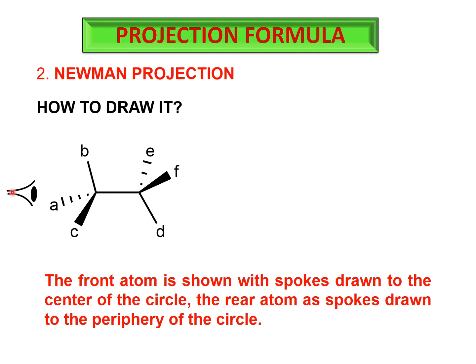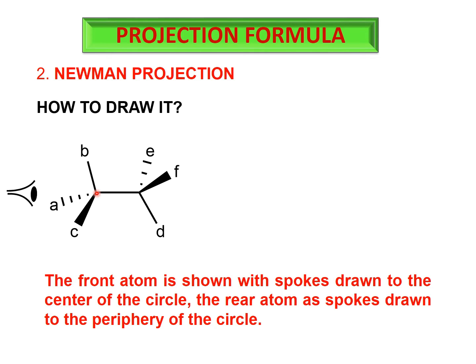So when you are looking at it from this angle, you will see this carbon atom, but you won't see this carbon atom because you are looking along this carbon-carbon bond. So you're standing here and you're facing this carbon atom right here. So you see this carbon atom is closer to you and this carbon atom is away from you.